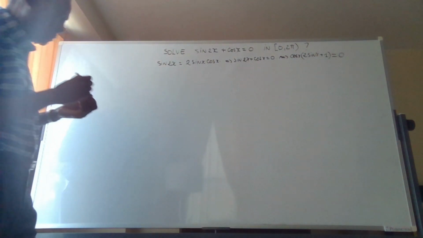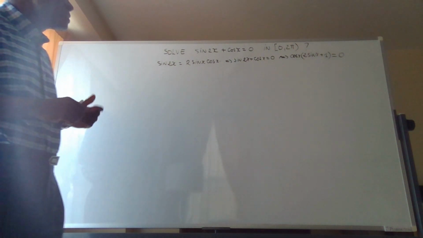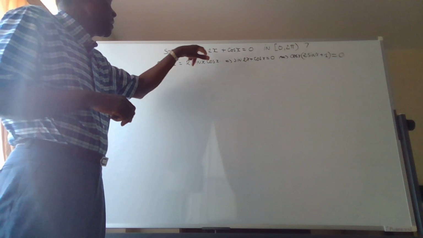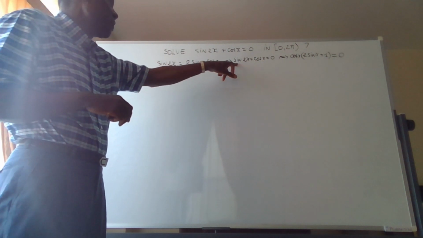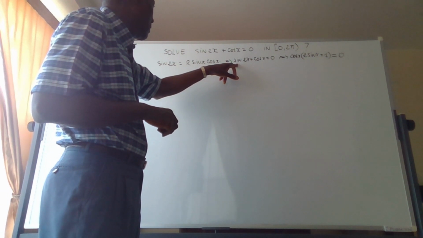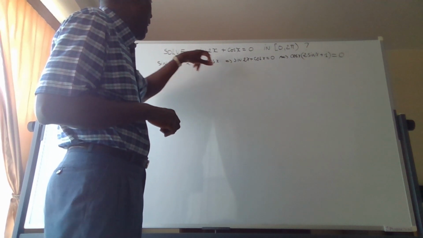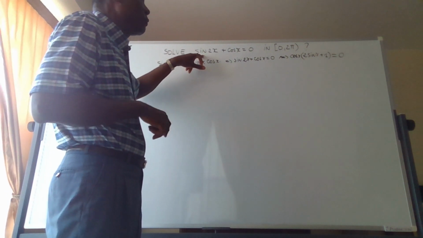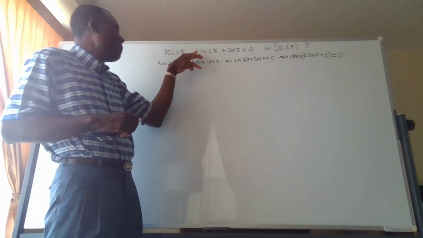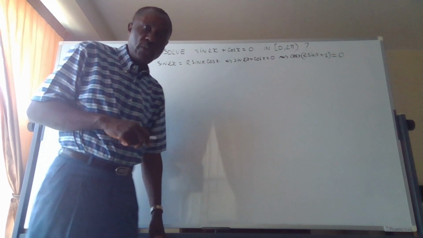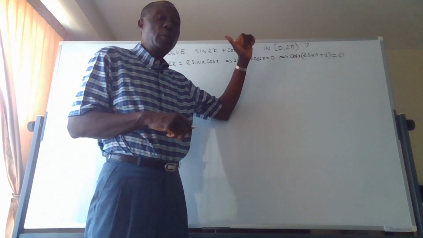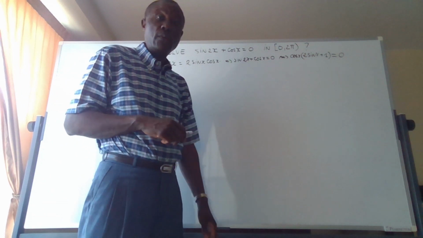Basically, we replace sin 2x by 2 sin x cos x, and then we factor cos x. So this gives us cos x multiplied by (2 sin x plus 1) equals 0.